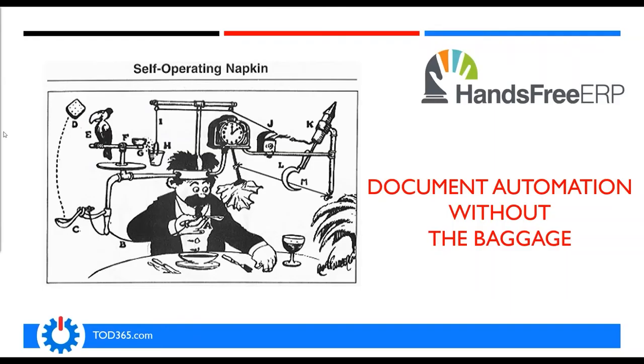Today, AP automation is fairly common in the GP space. A major component of most AP automation solutions is the inclusion of functionality such as document management, workflow management, or SharePoint integration. HandsFree ERP strips all of these extraneous functions from your solution to keep costs low, speed up implementation, and maximize your ROI on the investment.